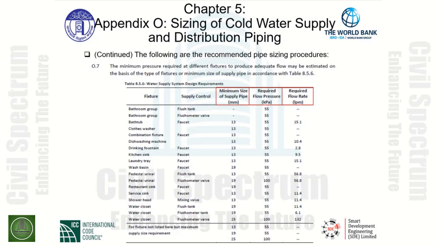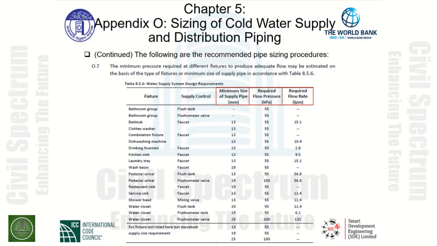The second column gives us supply control, whether it is a flush tank, a flushometer valve, a faucet, or a mixing valve, the supply control. The third column gives us the minimum size of the supply pipe in millimeters.